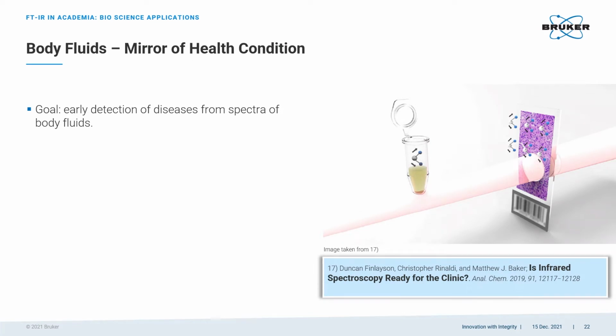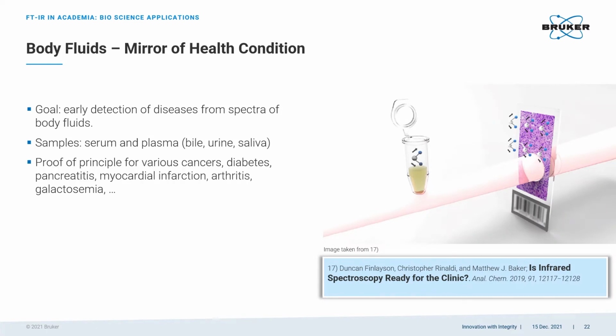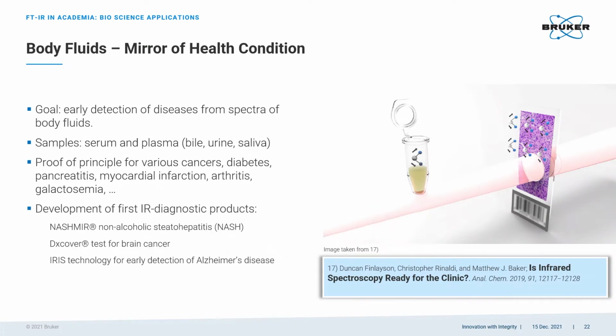The type of samples that were used were mainly blood-based, but also bile, urine and saliva were utilized, and in these studies the proof of principle could be made that IR is capable to detect certain cancers, diabetes, arthritis and other diseases based on the spectral fingerprint. And for that reason, today there are the first commercial IR diagnostic products under development.